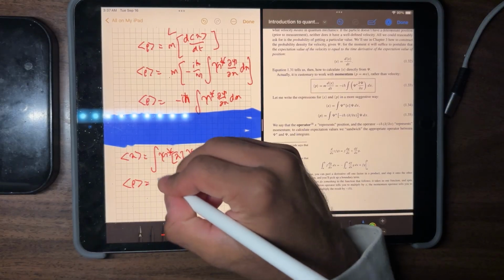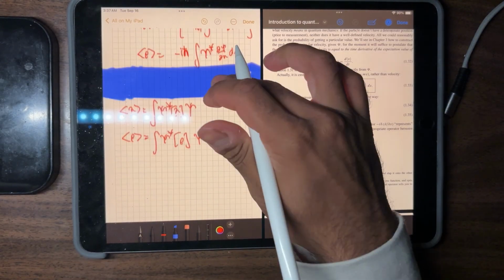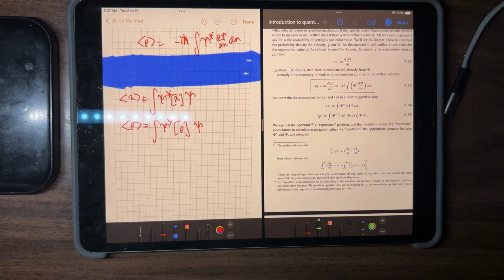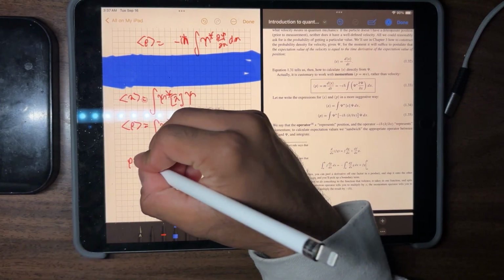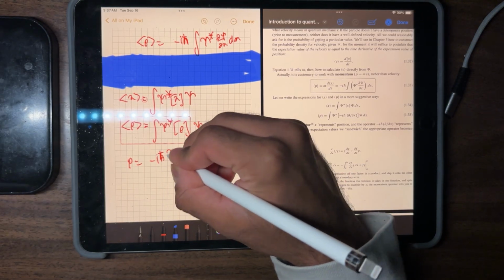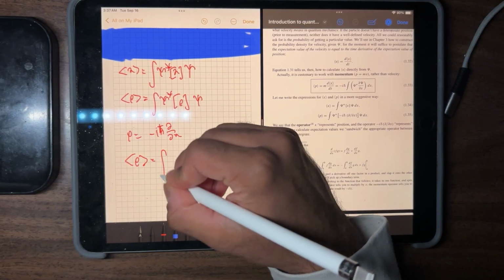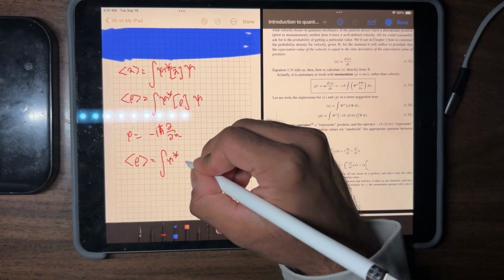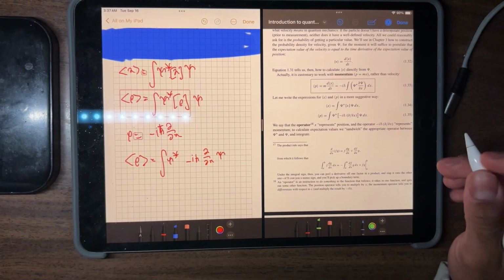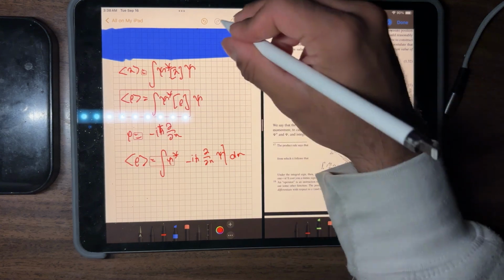And then p would also be the same, psi conjugate, wait, p psi, but p is what? p is minus iota h bar curl by curl x. And so the expectation value of p would be psi conjugate minus iota h bar curl by curl x psi dx. There.